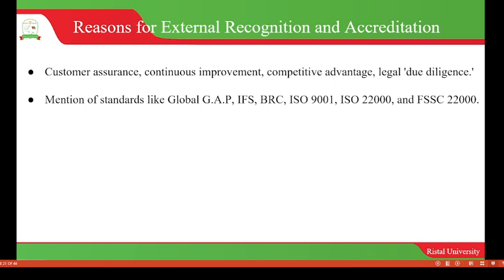Then also it is important for legal due diligence. Due diligence is simply a process or effort which is made by the consumers to collect and analyze information before they take decisions.